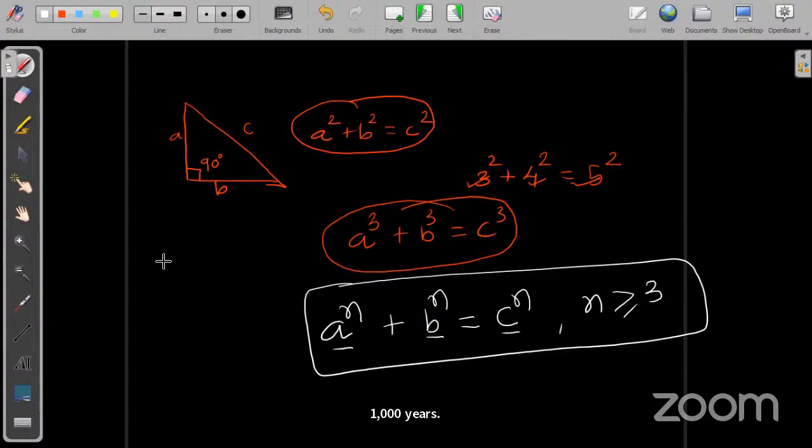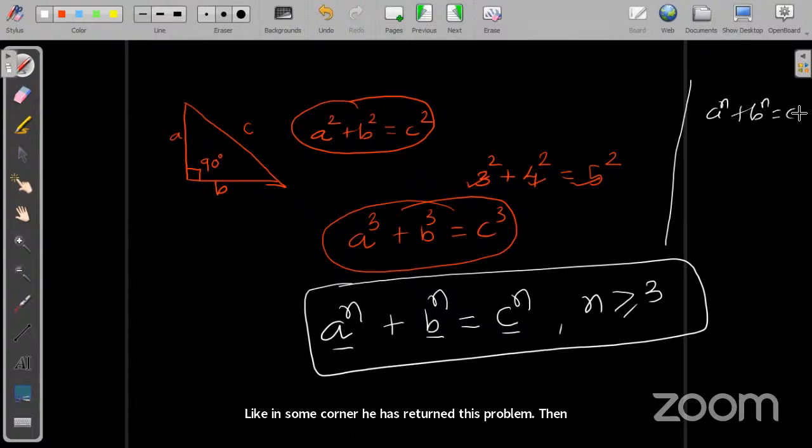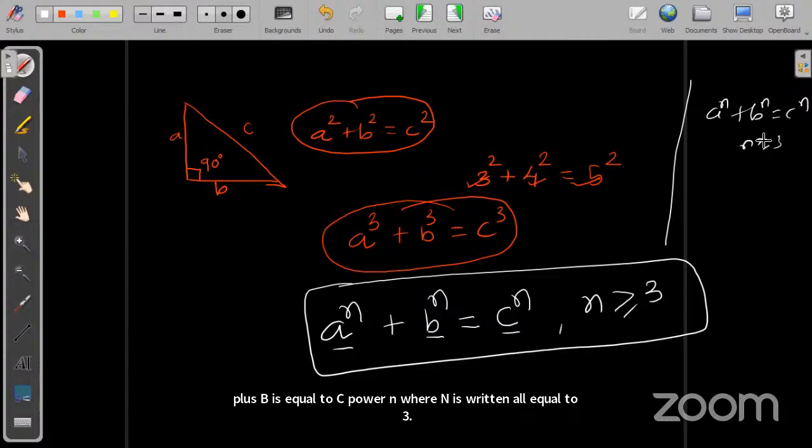See, Fermat in the 18th century stated in one of his books, while he was reading the Pythagoras theorem, he wrote in some corner that a to the power n plus b to the power n equals c to the power n, where n is greater than or equal to 3, does not have any solution.